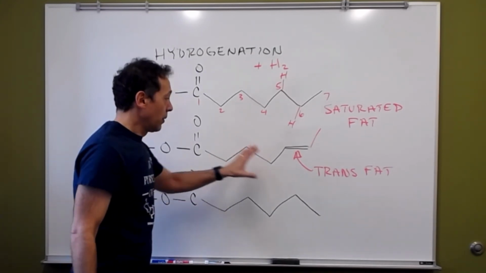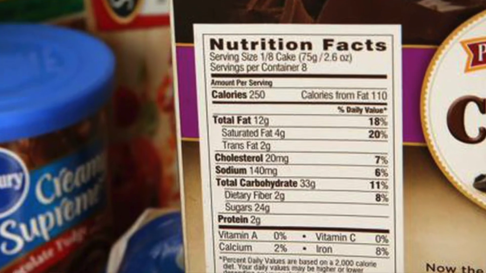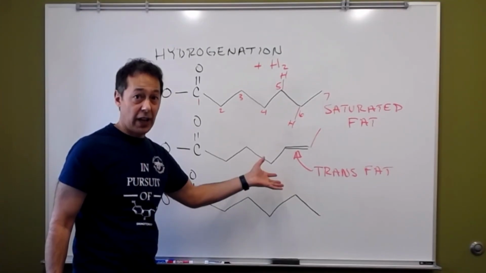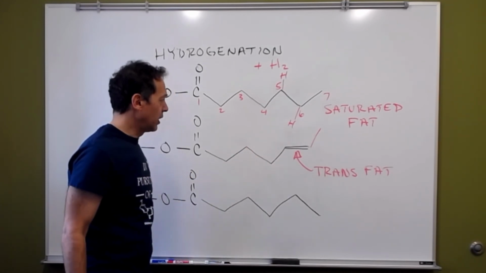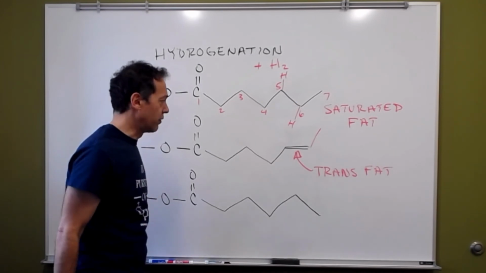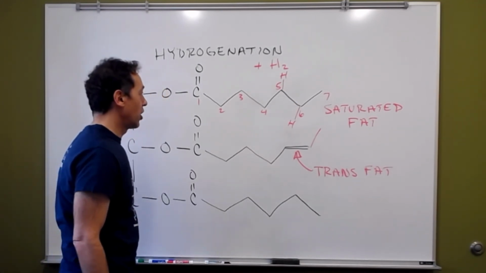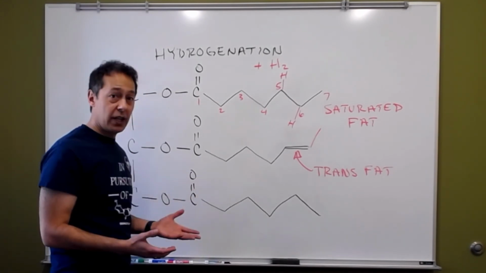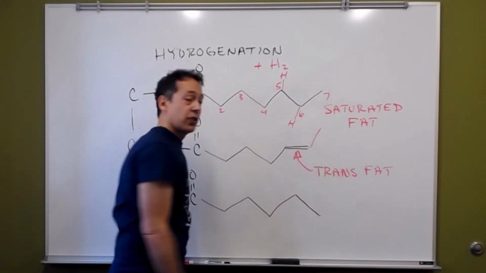Okay, so they started first labeling foods that contain trans fats, and then they started banning trans fats. And so now I don't know if you can even get trans fats on purpose. You have to check your food labels for that. So that is hydrogenation, and how we can turn an unsaturated fat, like a vegetable oil, into a saturated fat and the source of trans fats.